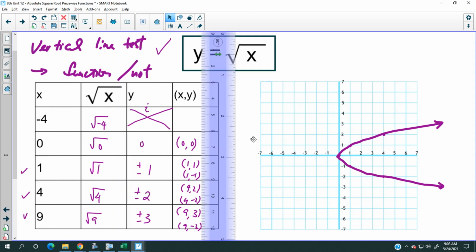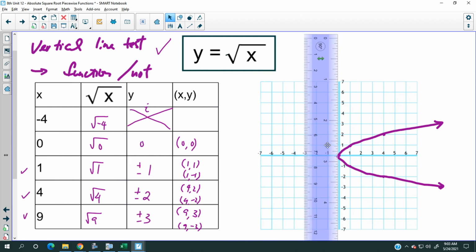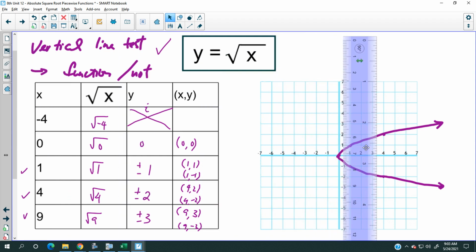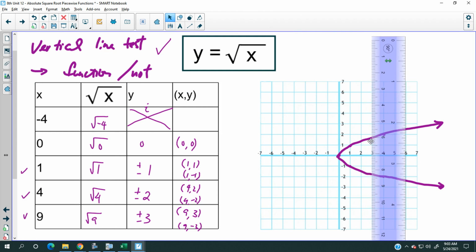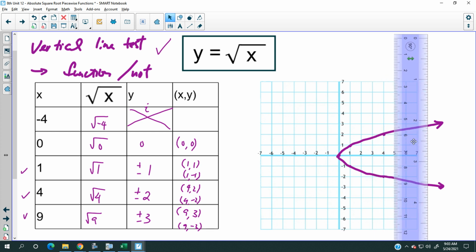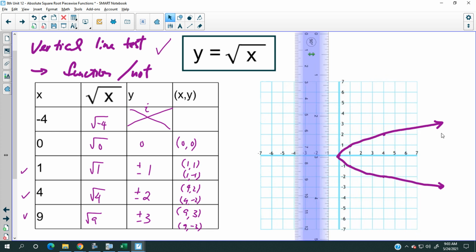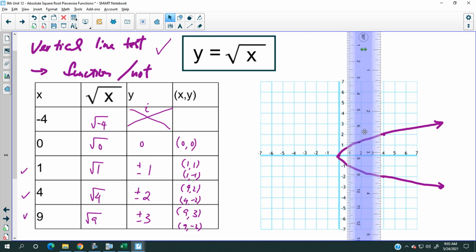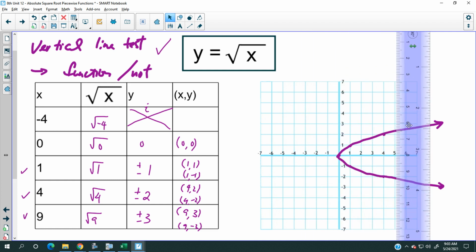I just remember what I said: slide your ruler across. If the ruler crosses the graph at more than 1 point, so 2 points for example, then it's not a function. So you see how this graph would fail the vertical line test, which would make it not a function, but that's not good, right?